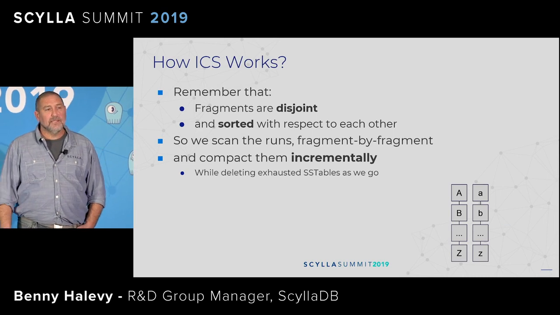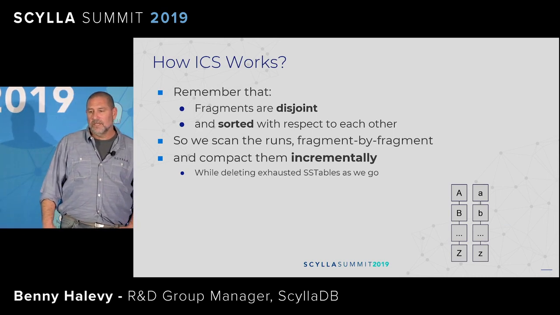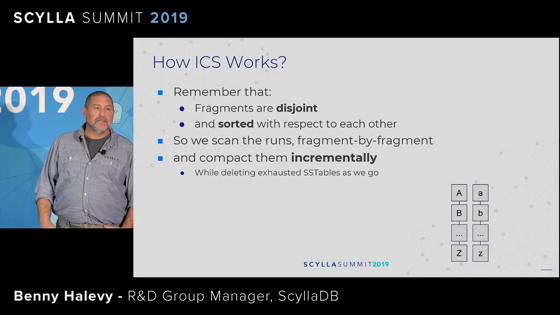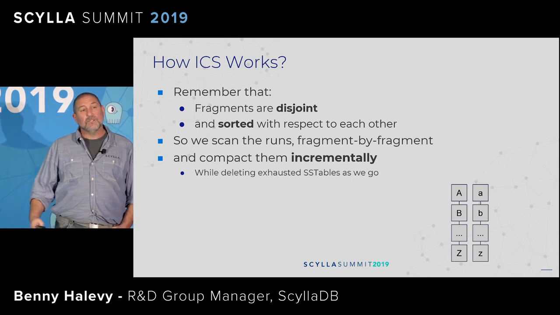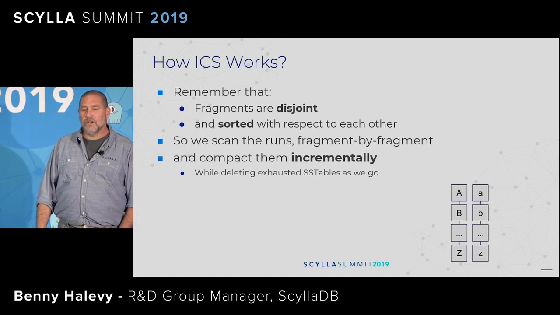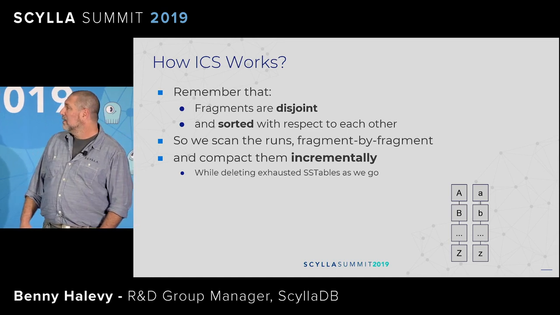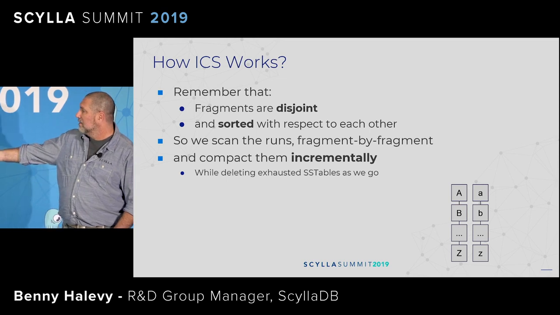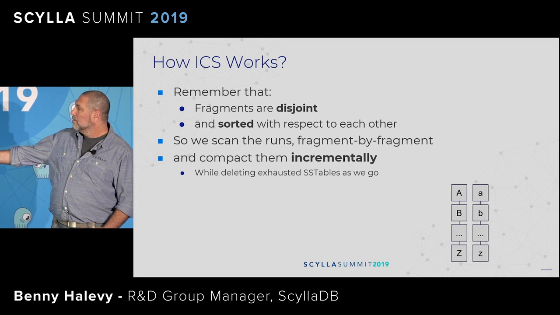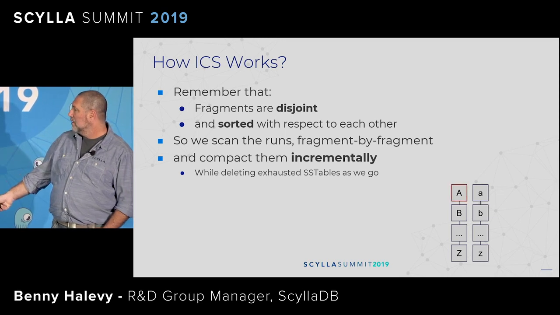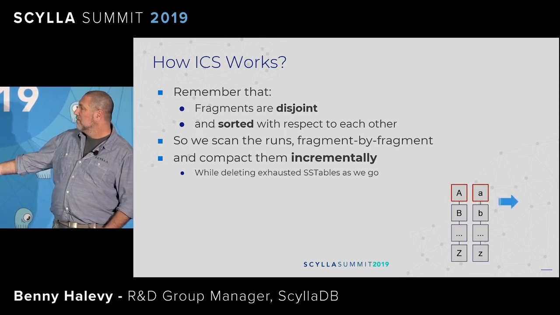So how does ICS work with these runs? Remember that the fragments are disjoint. They have no shared keys, and they are sorted with respect to each other. That allows us to scan the runs that we are compacting together and compact them incrementally. For example, we take the first fragment and write an output fragment that's the compaction of these two fragments.